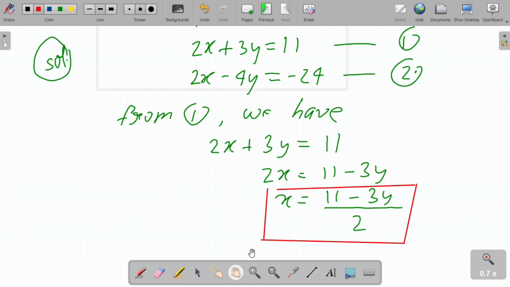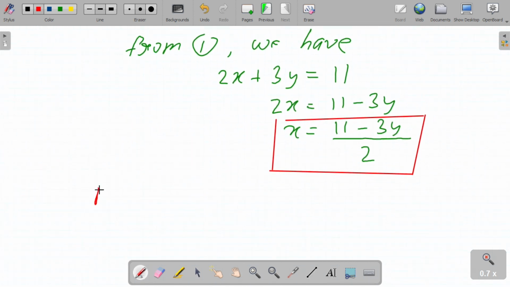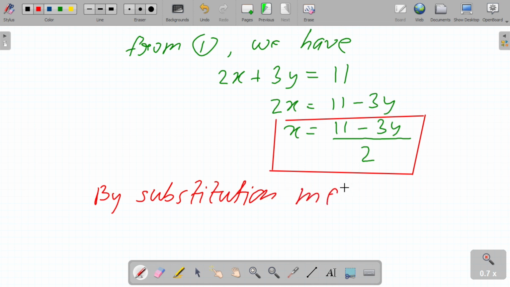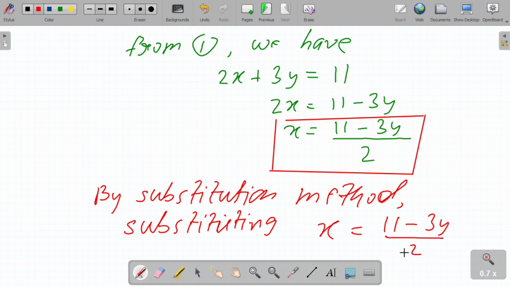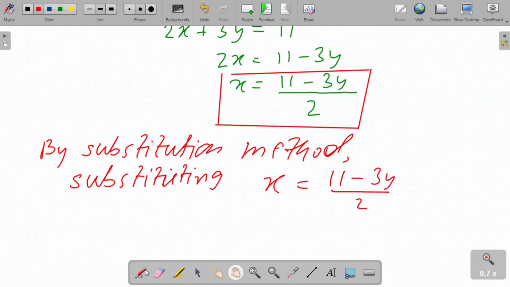So we write by substitution method, substituting x equals 11 minus 3y upon 2 in second.